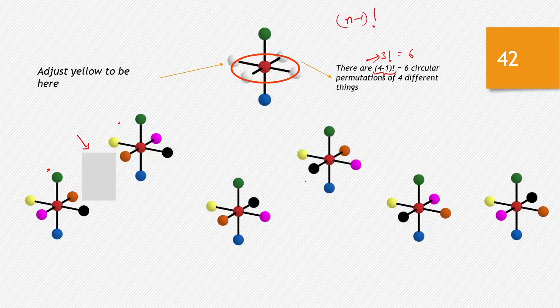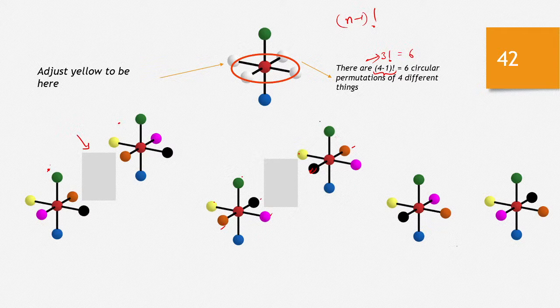The fourth one is the mirror image of the third one. You see the black is here, and suppose there was a mirror here, then in the mirror image the black will be here, the orange will be at the back side, the pink will be of course right, the yellow will be on the left, green will be on the top, and blue will be at the bottom.